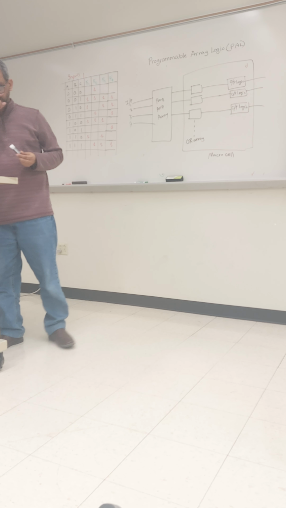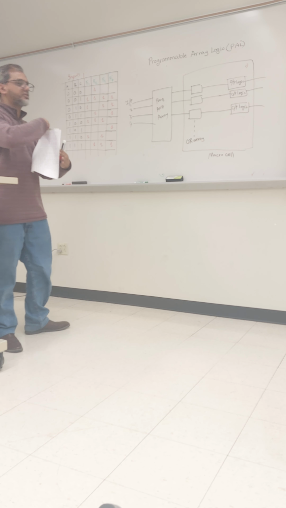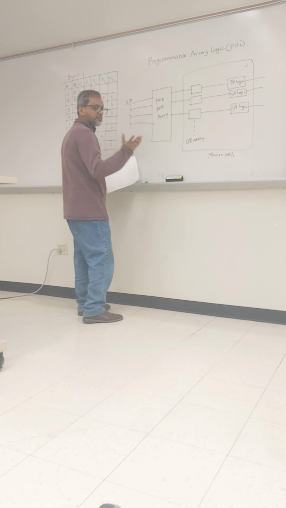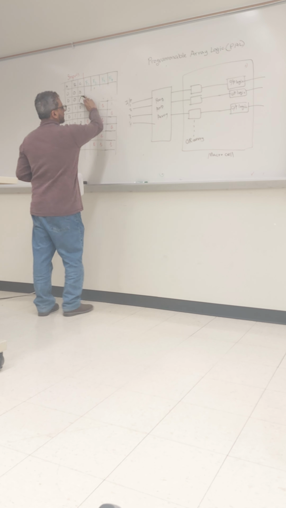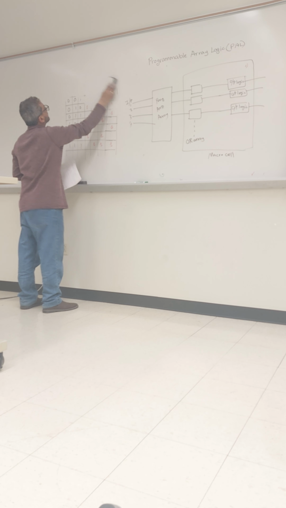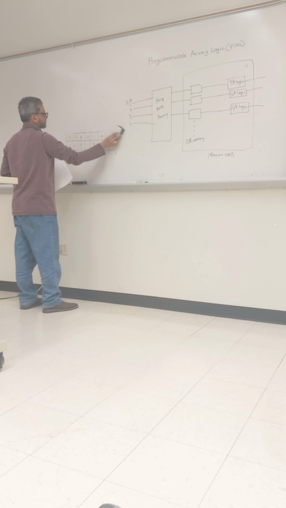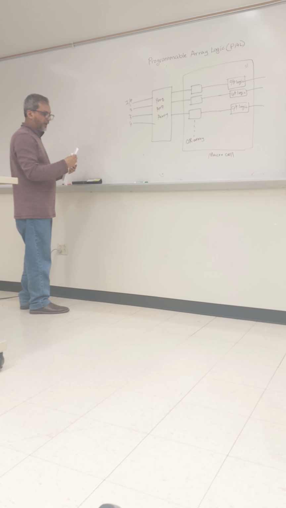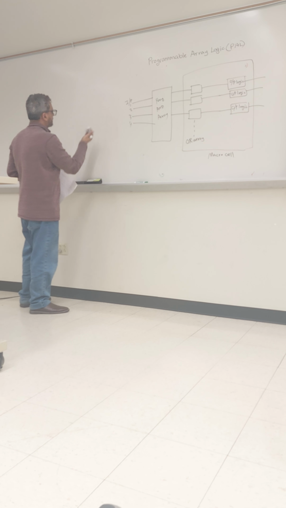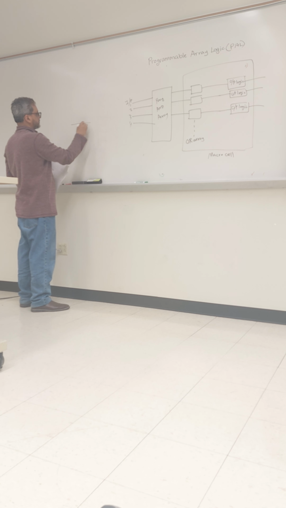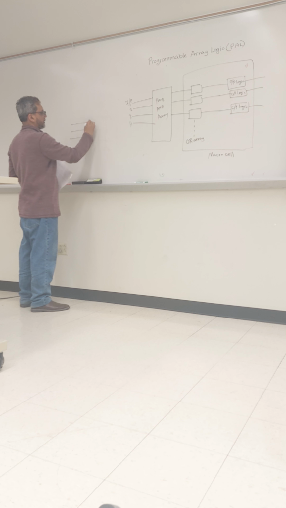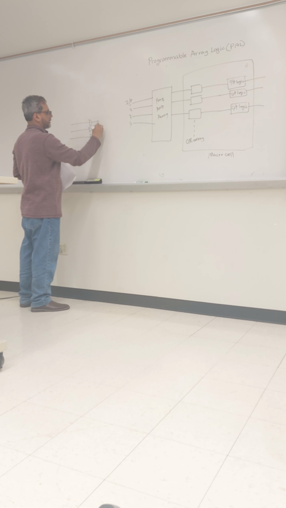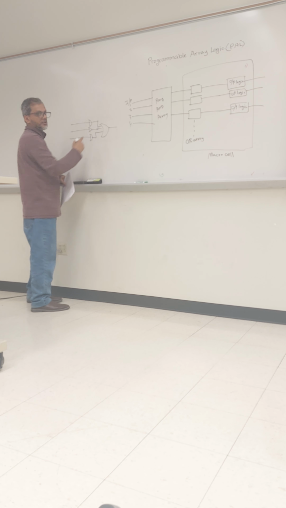For example, if I draw another example, it will be easy to understand. A very simple one. Say these are the three AND gates we already drew last time, and we give them to an OR gate, and we take the output here.